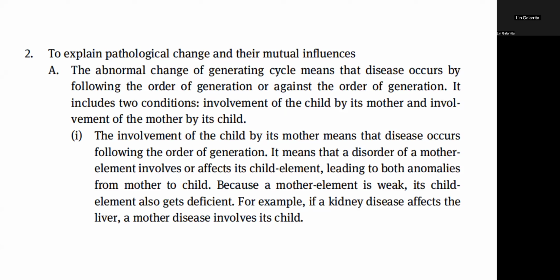The involvement of the child by its mother means that disease occurs following the order of generation. It means that a disorder of a mother element involves or affects its child element, leading to anomalies from mother to child. Because a mother element is weak, its child element also gets deficient. For example, if a kidney disease affects the liver, a mother disease involves its child.